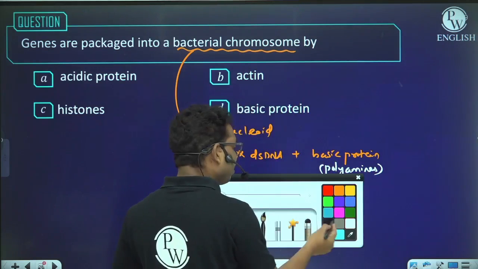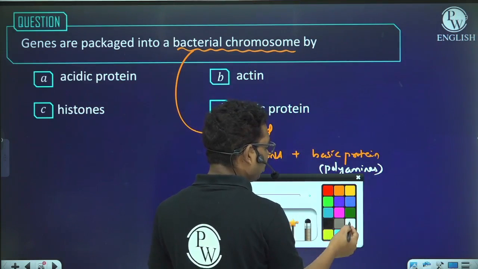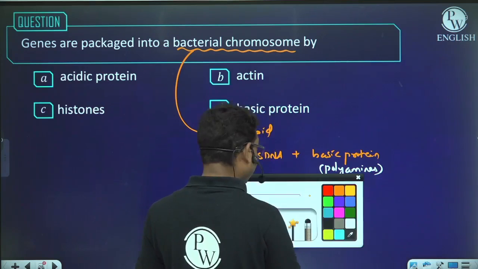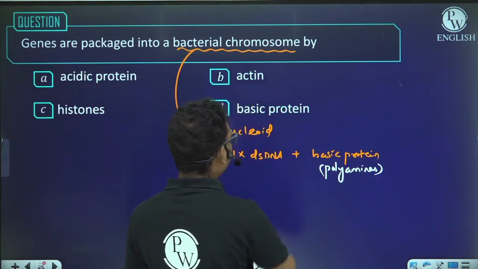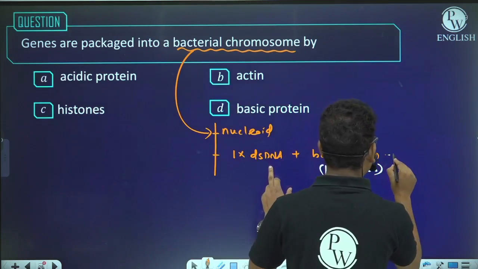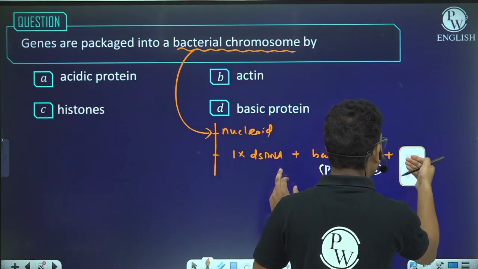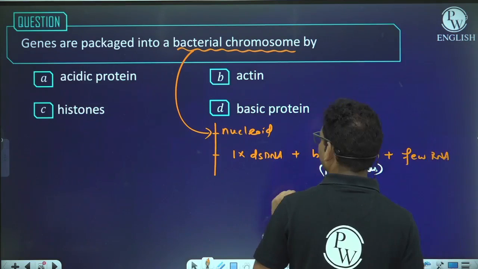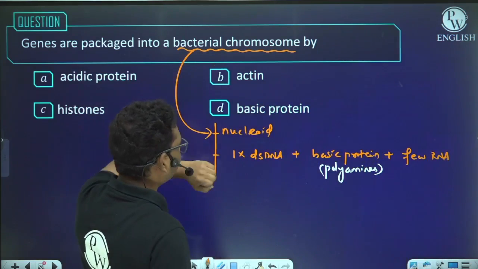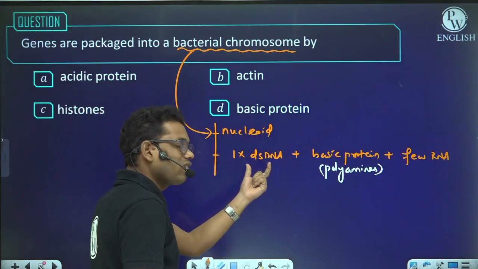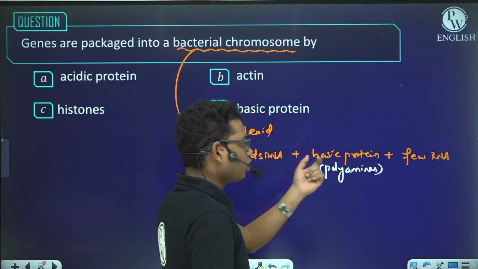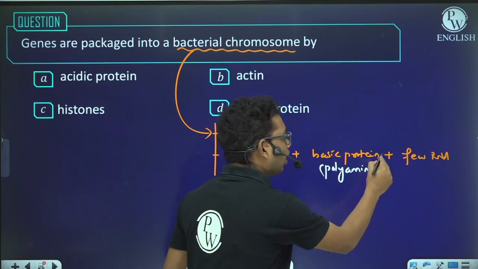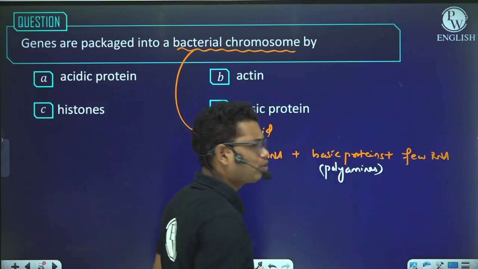The DNA present in the bacterial chromosome undergoes transcription to produce RNA molecules, so a few RNA molecules will be there. So the bacterial chromosome, that is the nucleoid, consists of one double-stranded circular DNA, a number of basic proteins, and a few RNA molecules.